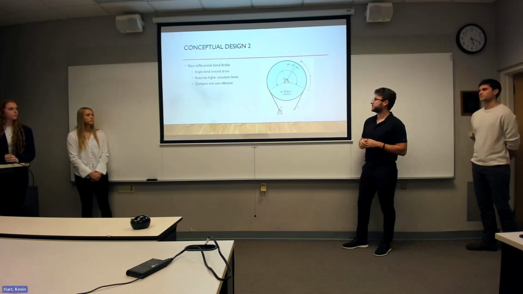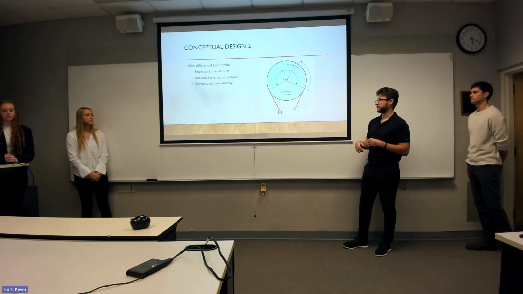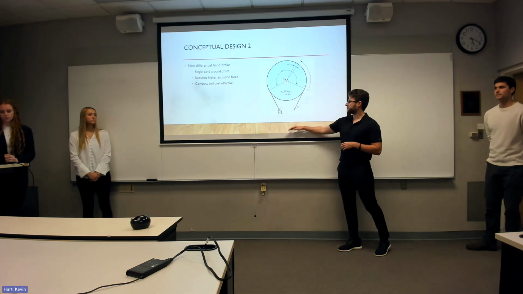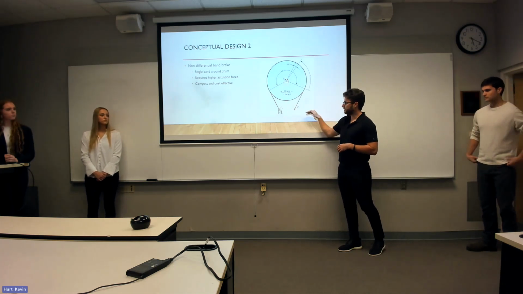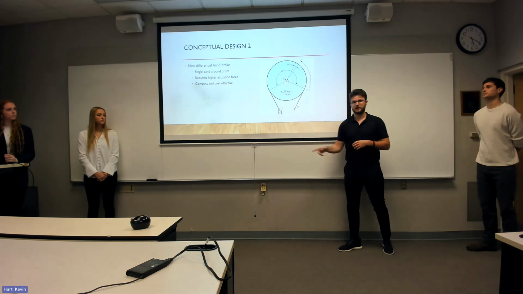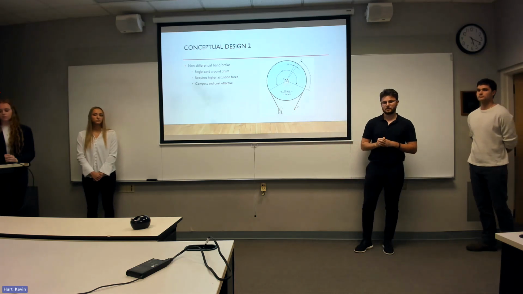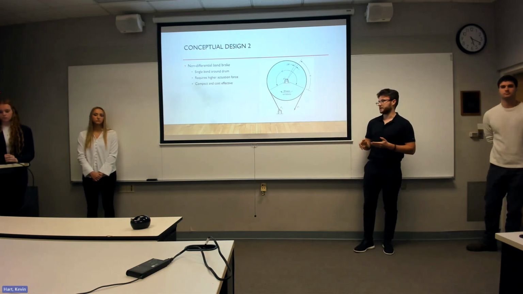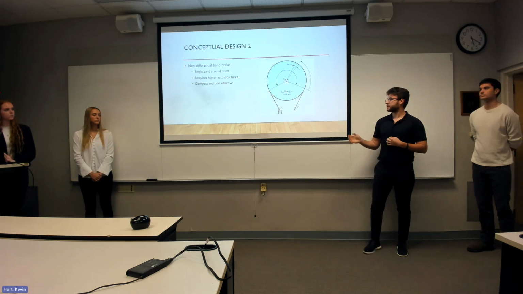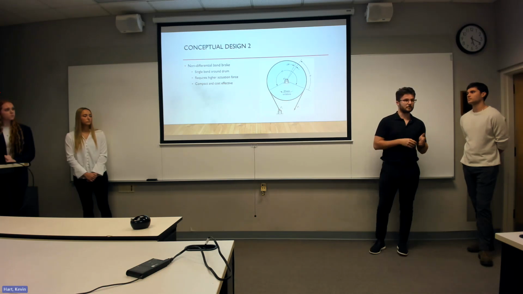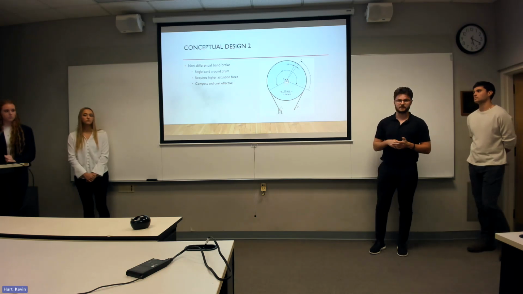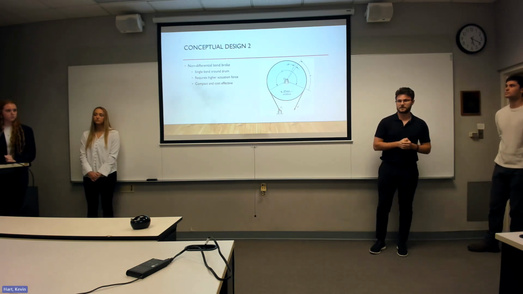It's a non-differential because, as you'll see in the next slide when we talk about a different design, this one consists of the drum, the band around it, and there's a lever arm where one end of the band is pinned where the lever arm is also pinned. So that makes it a non-differential brake. This one's good because it has less linkages, so it's smaller and therefore more compact, cost effective, and most likely easier to manufacture.